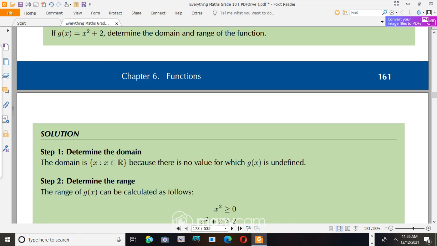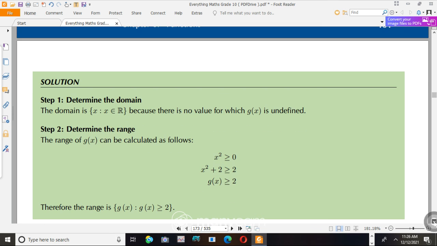The range can be calculated as follows: x squared is greater than or equal to 0, so x squared plus 2 is greater than or equal to 2. So g of x is greater than or equal to 2. So the range is g of x greater than or equal to 2.